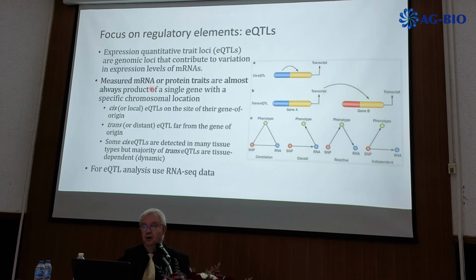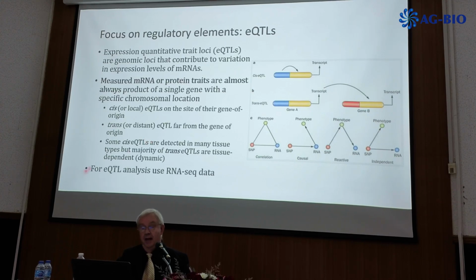So the measures of messenger RNAs or protein traits are almost always the product of a single gene with a specific chromosomal location, so you have fewer effects of others. You can very much pinpoint the expression of a single gene. Cis eQTLs are on the site of the gene of origin, trans when it is far from the gene of origin.